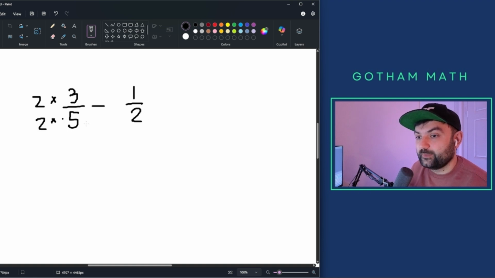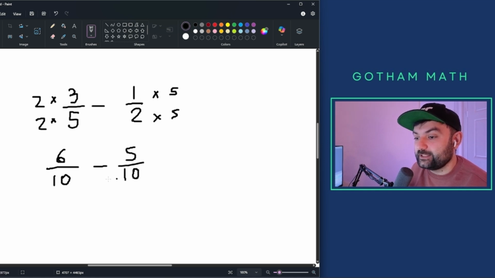By a 2, because of this 2. And the second fraction, I'm going to multiply top and bottom by 5. All right, so we're going to have 2 times 3, which is 6, 2 times 5, which is 10. So it's going to be 6/10 minus 5 times 1 is just 5, and 2 times 5, which is 10.